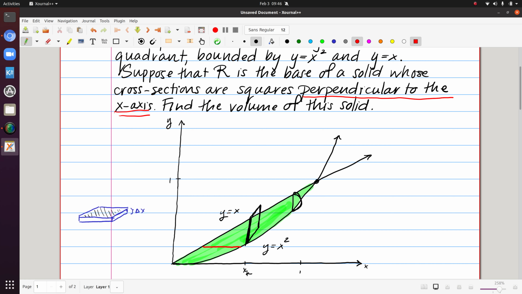So again, think about orienting this appropriately to whatever we're slicing perpendicular to. In those instances, think much like we did before, maybe drawing a representative slice, to be careful and make sure that you know which variable you're going to be integrating against.